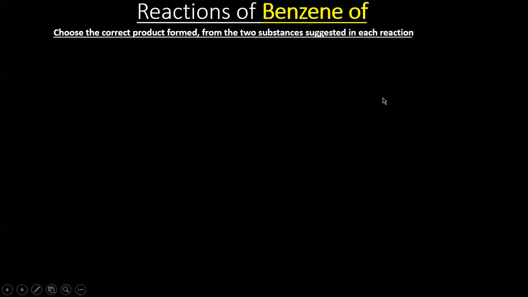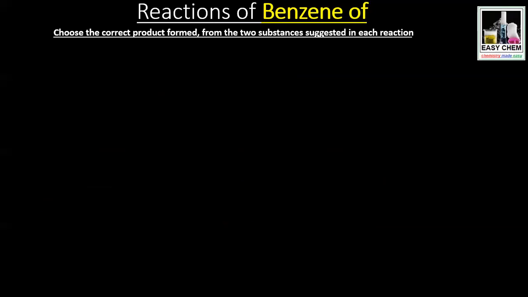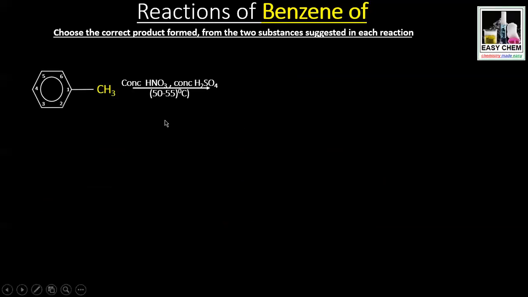Afterwards, straight away we'll go to a question. Choose the correct product from the two substances suggested in each reaction. What do I mean by this here? Okay, here we have a compound, methyl benzene.